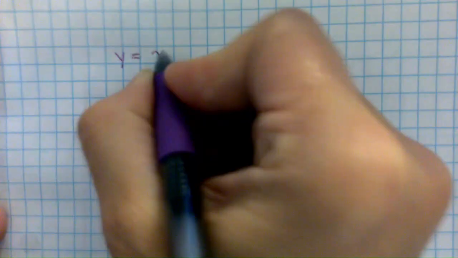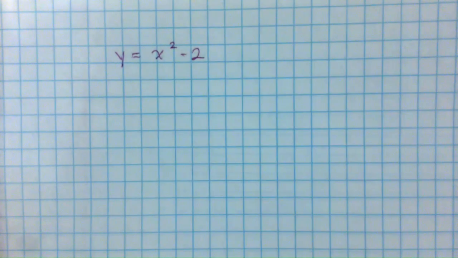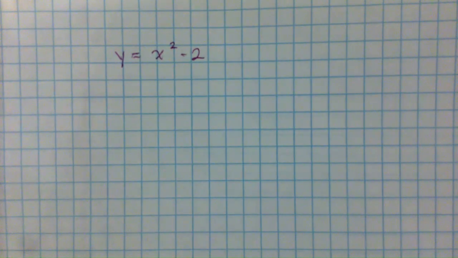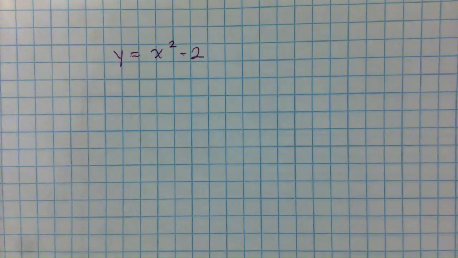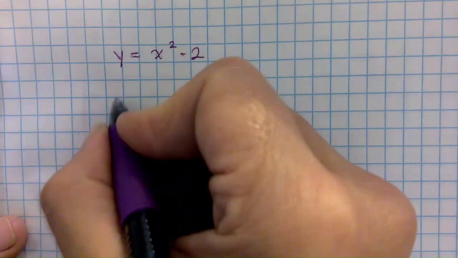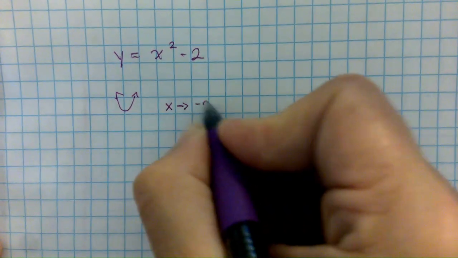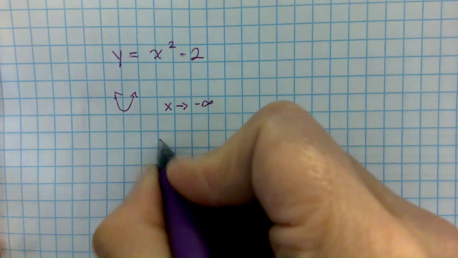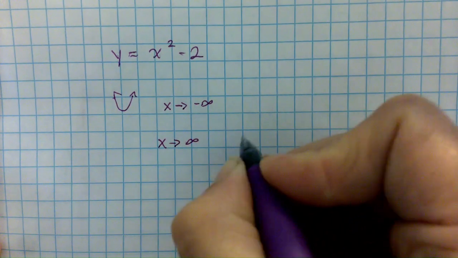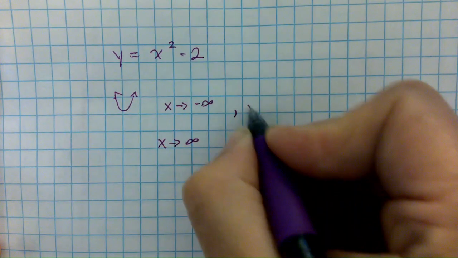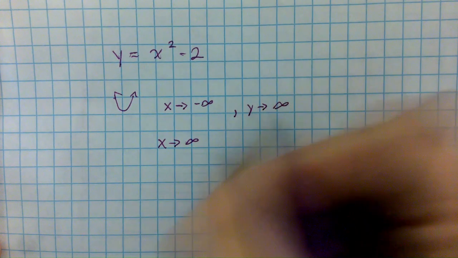So let's say you were tasked with graphing y equals x squared minus 2. Well, if you've watched enough of my videos, you know that x squared is a parabola, and therefore it makes a happy face because the a value is 1. So that tells us that as x goes to the left and as x goes to the right, it doesn't matter, in both directions y is going in a positive direction.